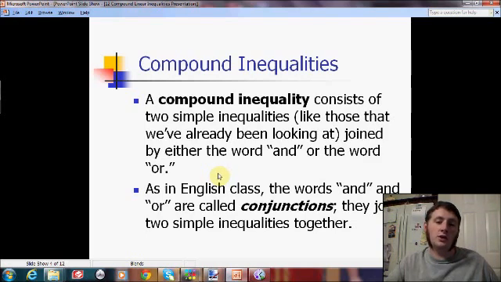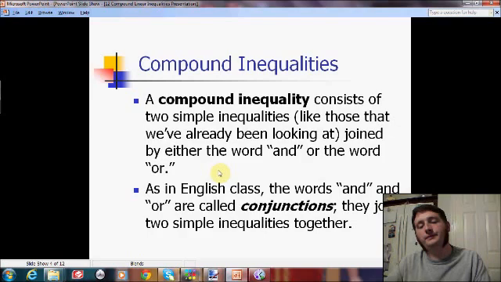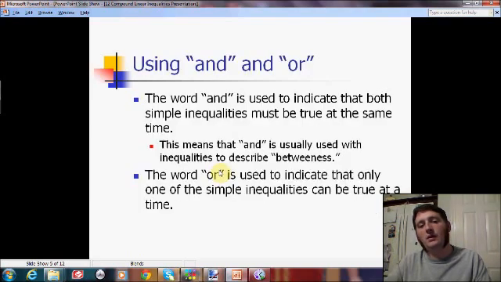Those are the only two conjunctions we're going to use. And means both inequalities must be true at the same time, and so and's usually going to be between. X is between two numbers. The word or indicates that only one of the inequalities needs to be true at a time, and in most cases it's impossible for both to be true at the same time.